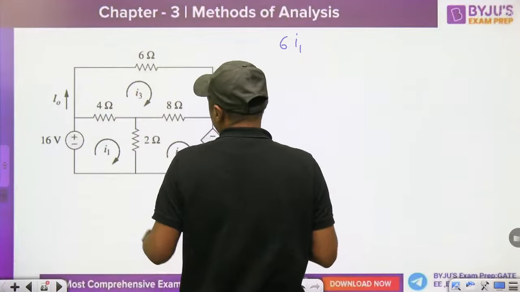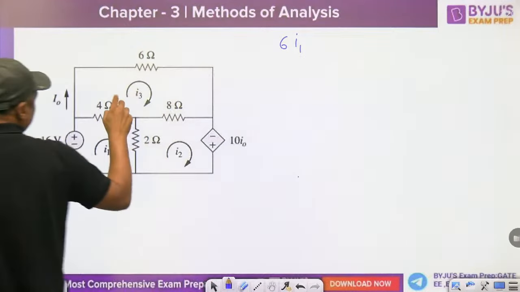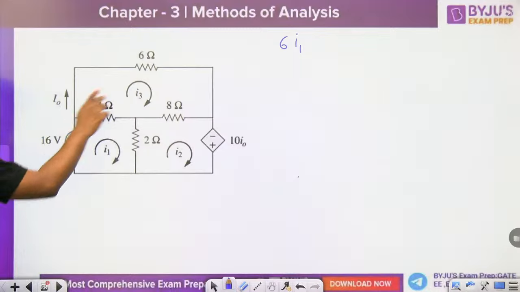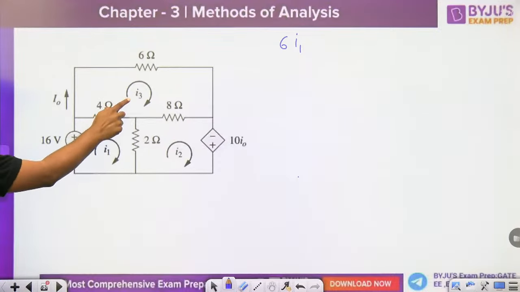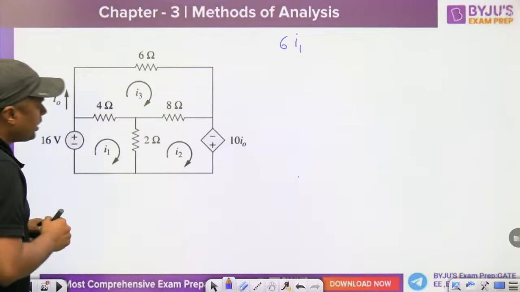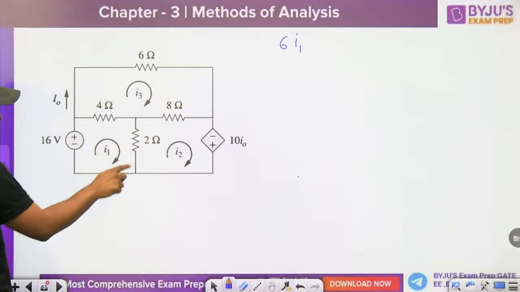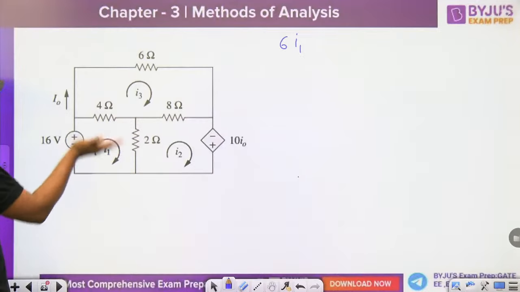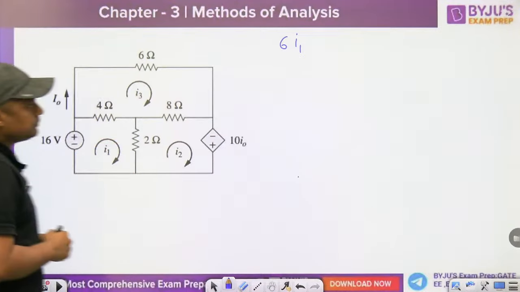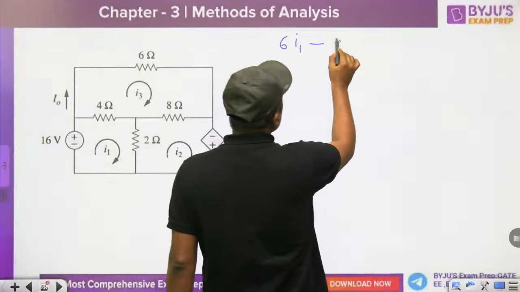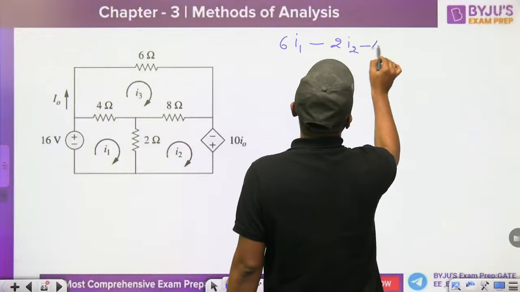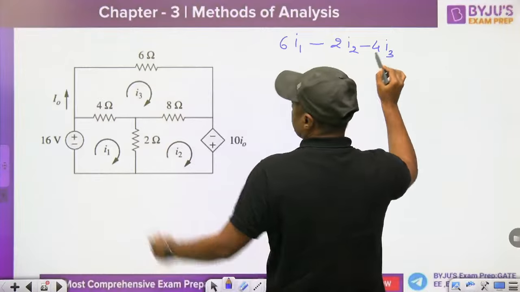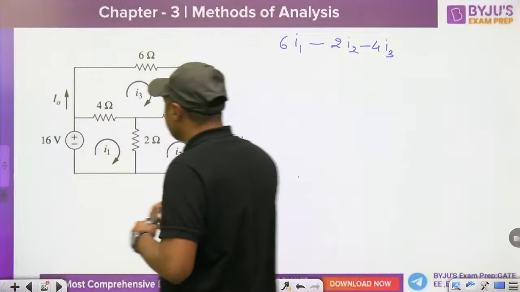Be careful about I3: it is moving right to left in this branch and I1 is moving in the opposite direction, so it opposes. It will become minus 4 I3. Similarly, I1 is moving downward and I2 is moving upward, so it is minus 2 I2.